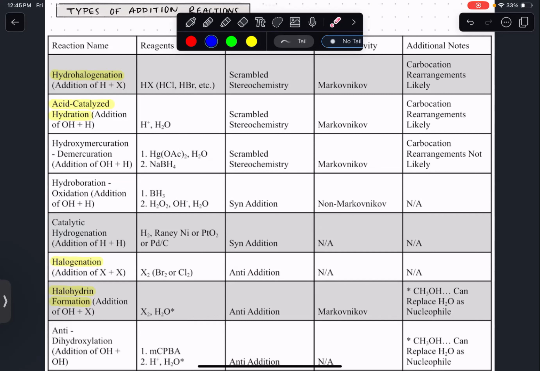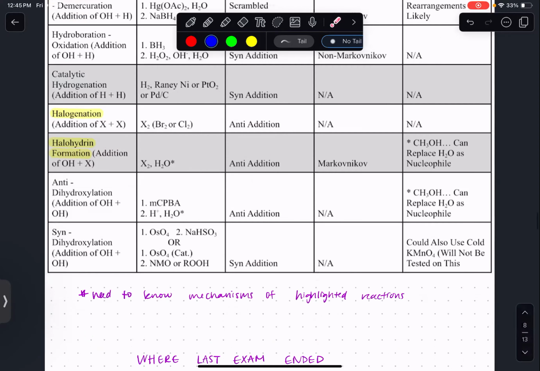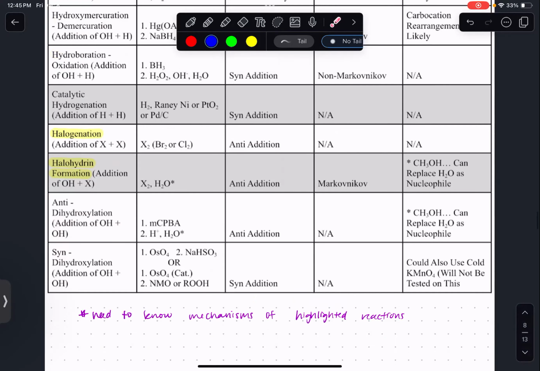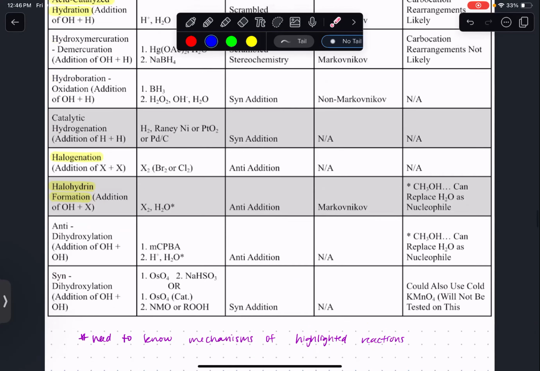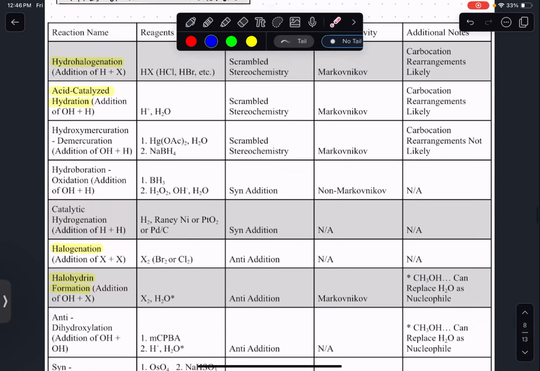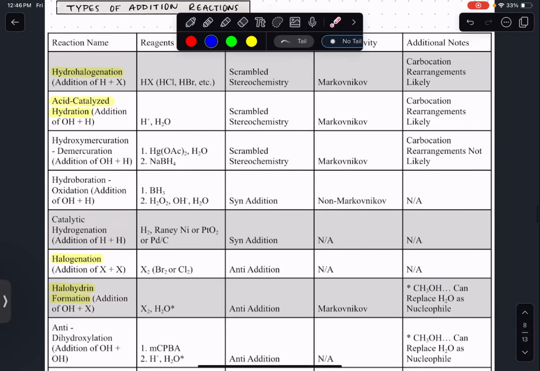And it becomes really, really handy when you're doing synthesis problems. So the only thing I'll say about this table is that you need to know mechanisms for the ones that are highlighted. And those are pretty straightforward. Again, I'm not going to go through them specifically today because they are in the review from last time.